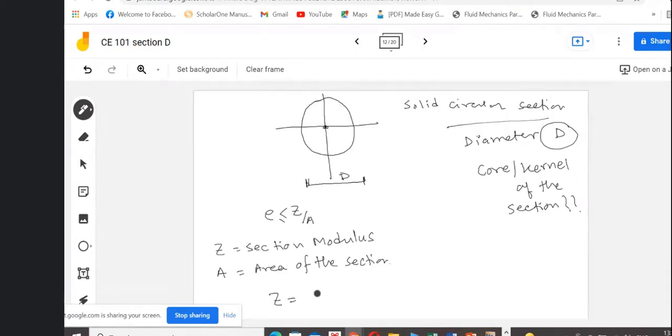Then if we know the diameter, can I find the expression of Z? What is the expression for Z in terms of diameter?